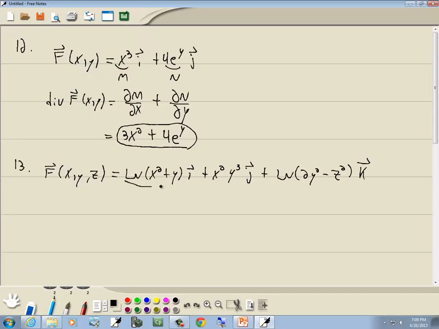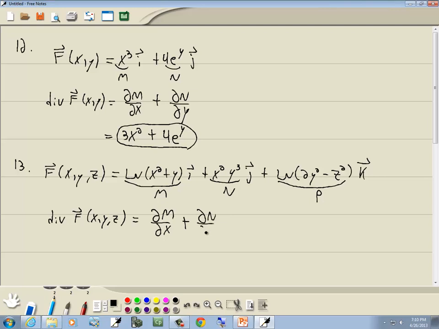So this will be m, this will be n, and this will be p. And our divergence of f is going to equal the partial of m with respect to x plus the partial of n with respect to y plus the partial of p with respect to z.